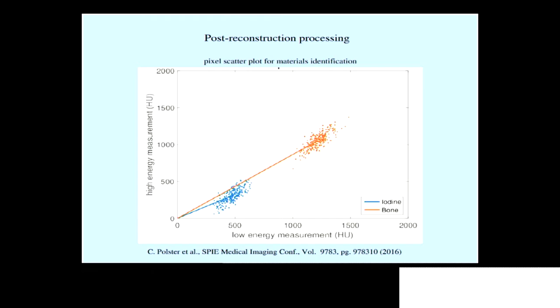For example, here this shows a histogram for iodine and bone, which would normally be difficult to separate on just a regular CT, but in this dual energy setting, they separate.